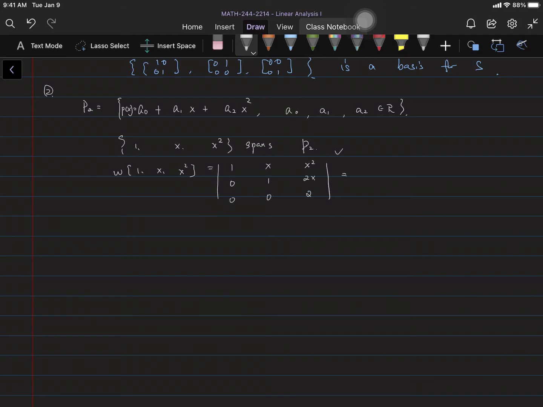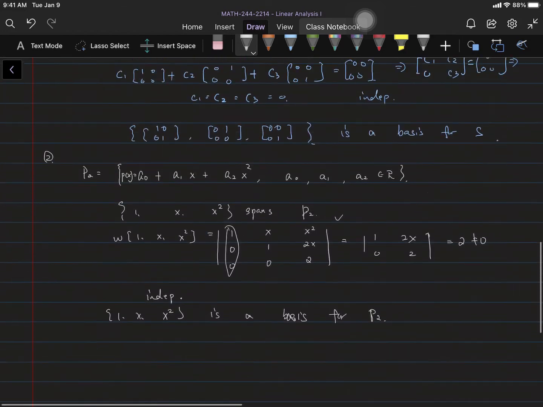Calculate this determinant. We expand using the first column, so it should be 1 times the determinant of 1, 2x, 0, 2. So the answer should be 2, which doesn't equal 0. If the Wronskian is not 0, that means they are independent, right? So actually 1, x, x squared is a basis for P2.